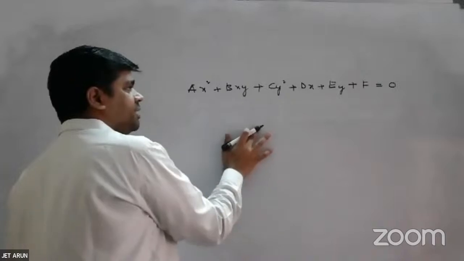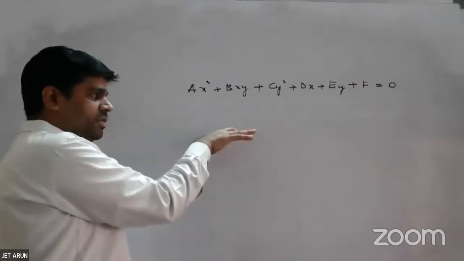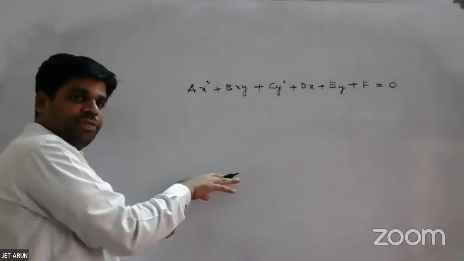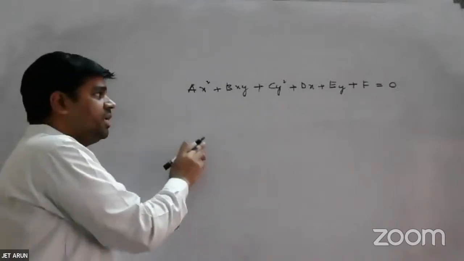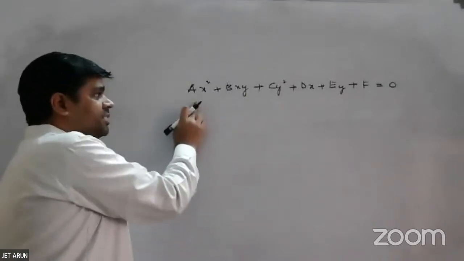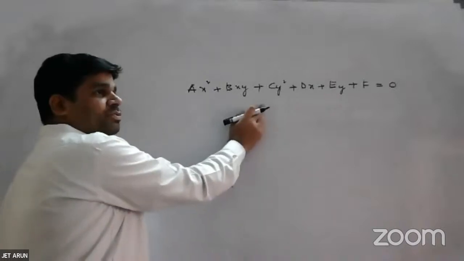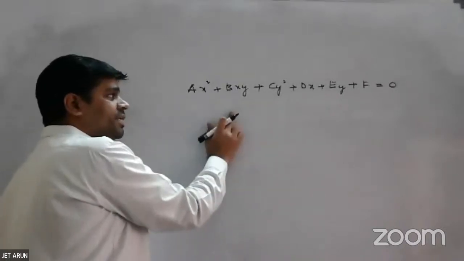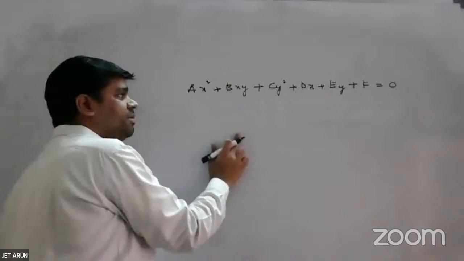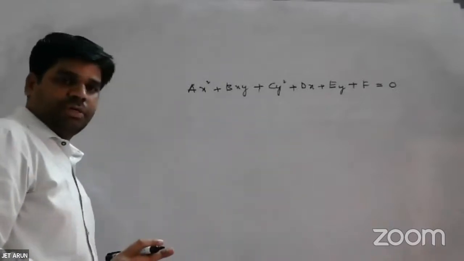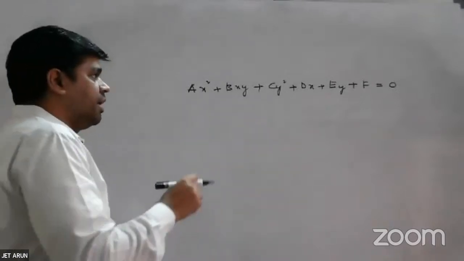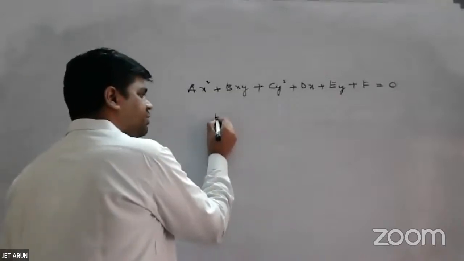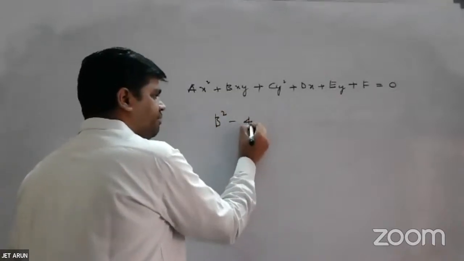That order of A, B, C is important. I've written ax square, then bxy added, then cy square. This is very important. I'll check for b square minus 4ac, the discriminant.